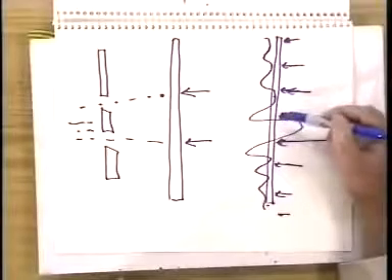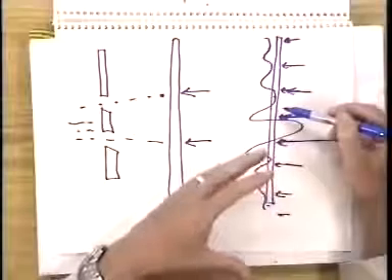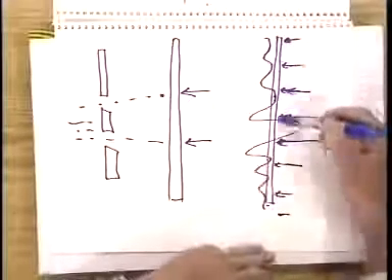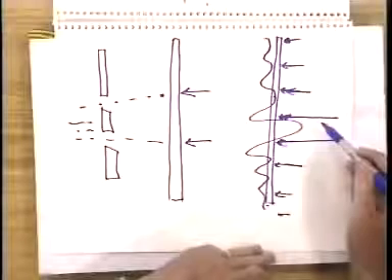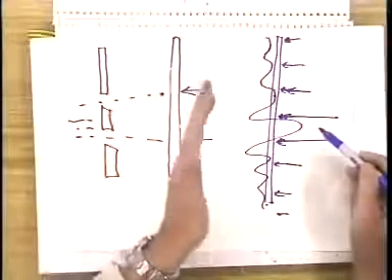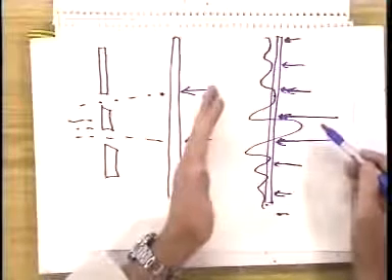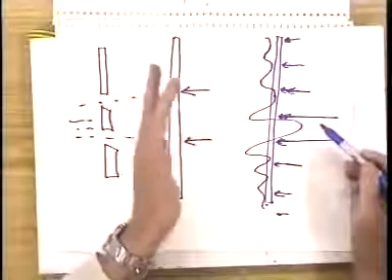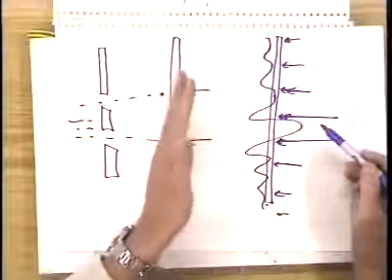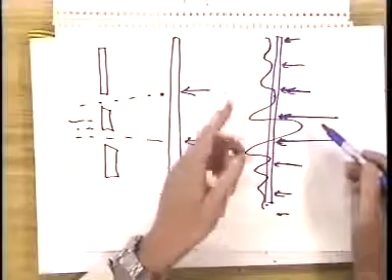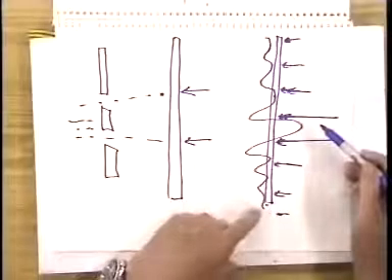What is a wave here is the probability distribution along the screen that you will find a particle. So what is being transmitted from here to the detector is a traveling wave of probability. The probability that the particle will be found at a particular location.